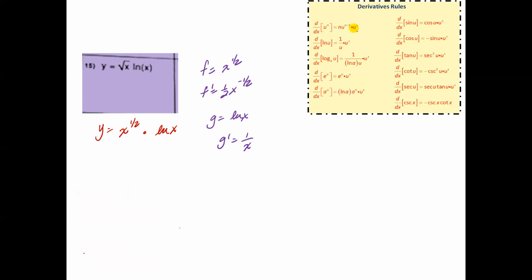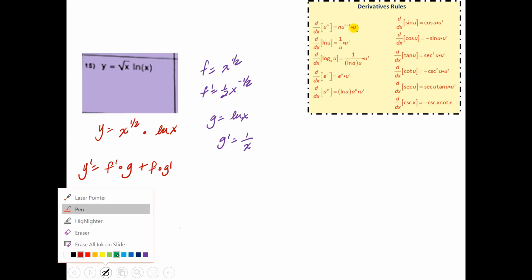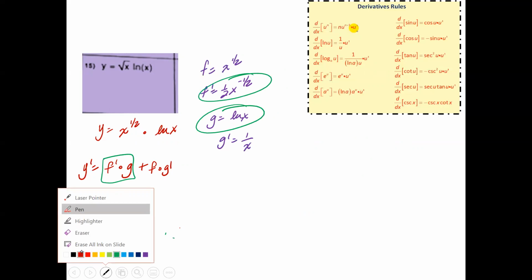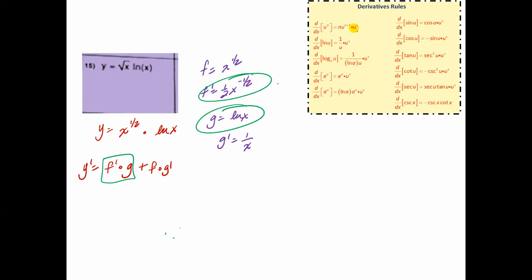So then looking at this right here, you have y prime is equal to f prime times g plus f times g prime. So then let's go ahead and plug that in. First part that we're going to have is f prime times g. Oh, and one thing I should notate about the f prime is that I want to rewrite that so I don't have a negative 1/2, because it's kind of hard to simplify that.